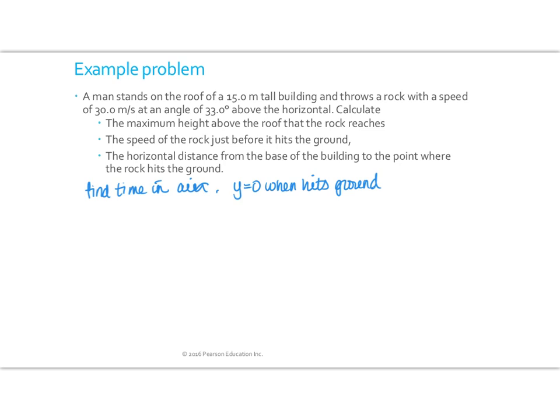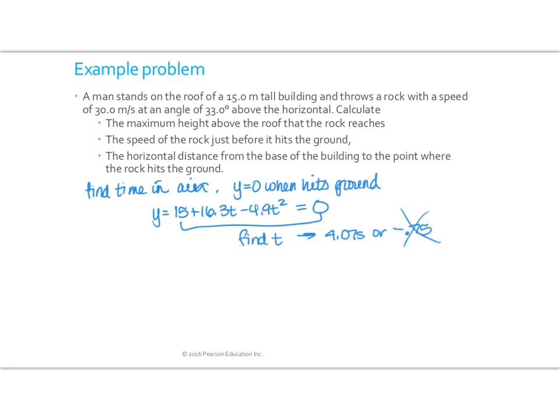When it hits the ground, y will be 0, my y expression, just to remind you. And I'll set that equal to 0. And I'll find the time. I'm going to use the quadratic formula. If I do that, I get 4.07 seconds or minus 0.75.